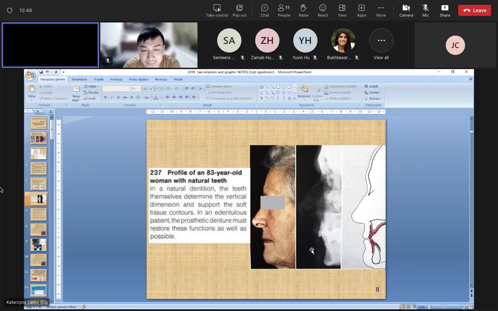And of course, the teeth themselves support the soft tissue contours. In an edentulous patient, the prosthetic denture must restore this function as well as possible.